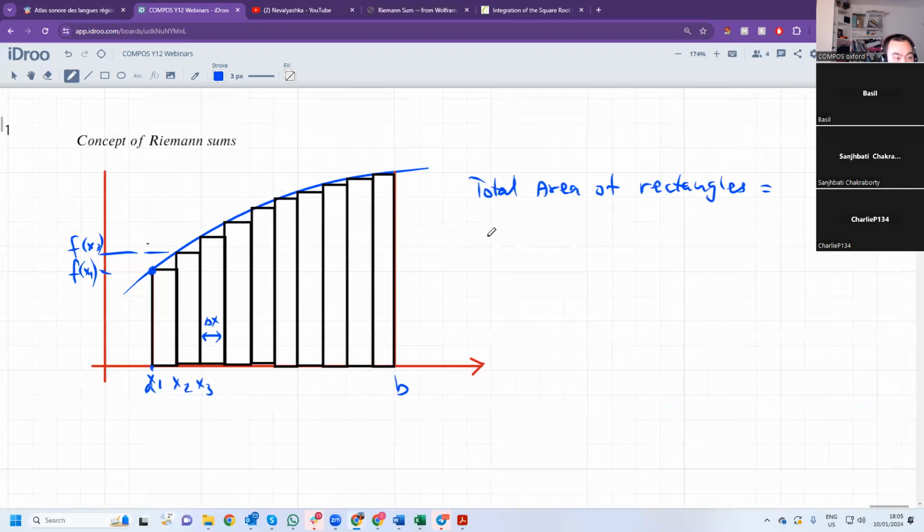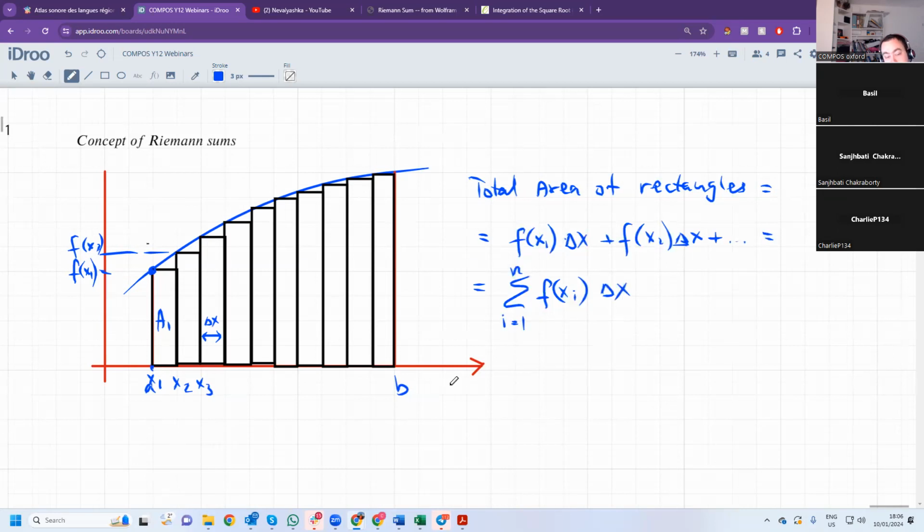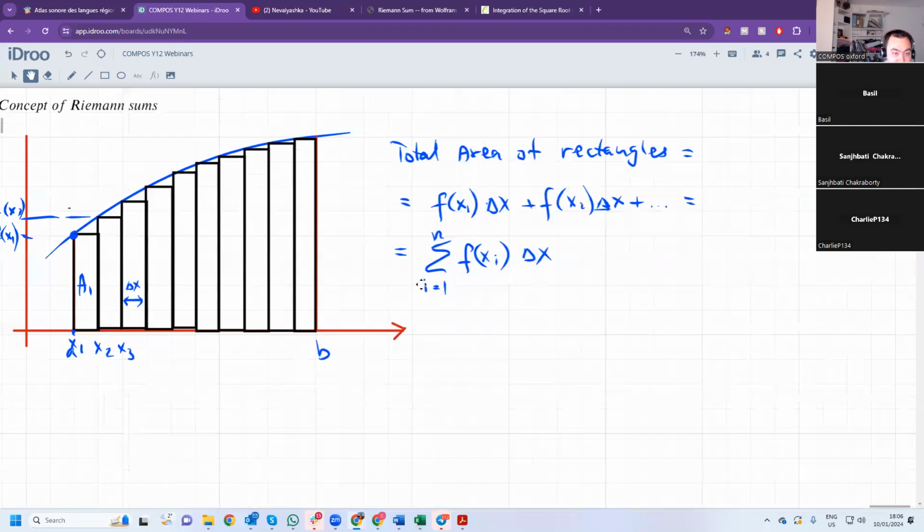Total area of rectangles: for the first rectangle, A1, we take the height, f of x1, and multiply it by delta x, the width. Plus f of x2 delta x, plus etc. So we need to add all of them. We can shorten that to the sum of f of xi delta x, where i changes from 1 to n. And this is called a Riemann sum.